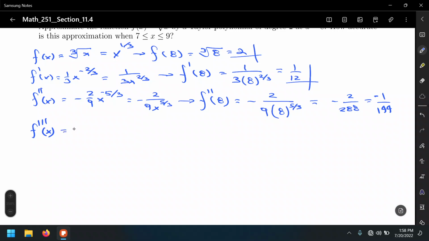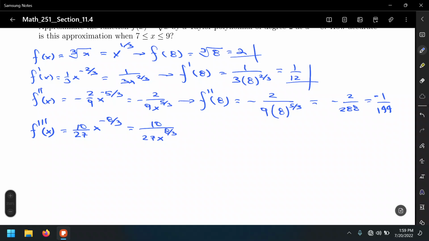Negative times a negative is positive. 2 times 5, which is 10. 9 times 3, that's 27. x to the negative 8 thirds, which is the same as saying 10 over 27 x to the 8 thirds.